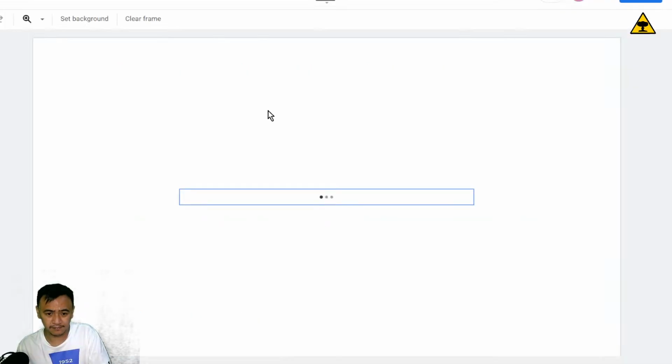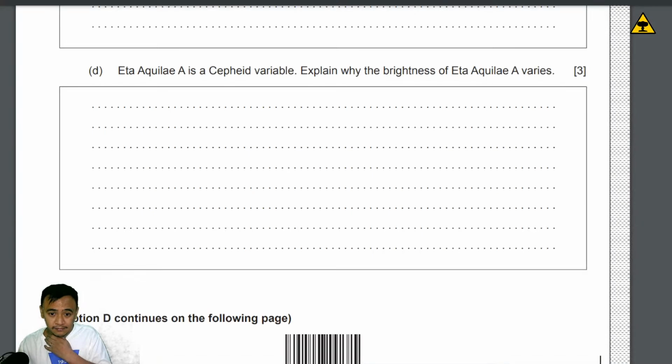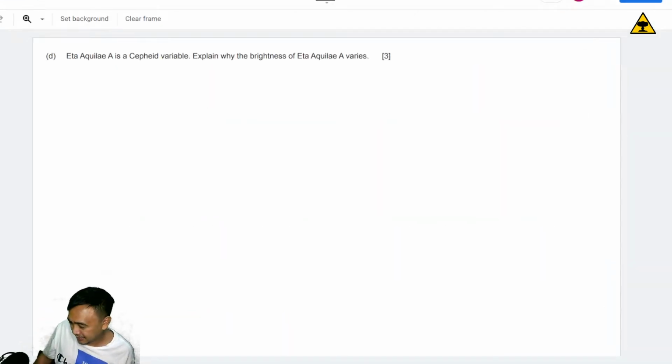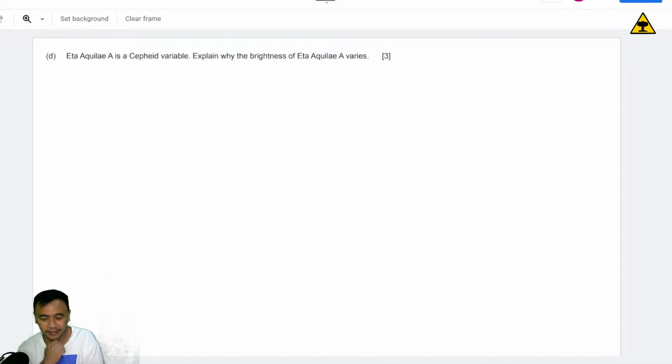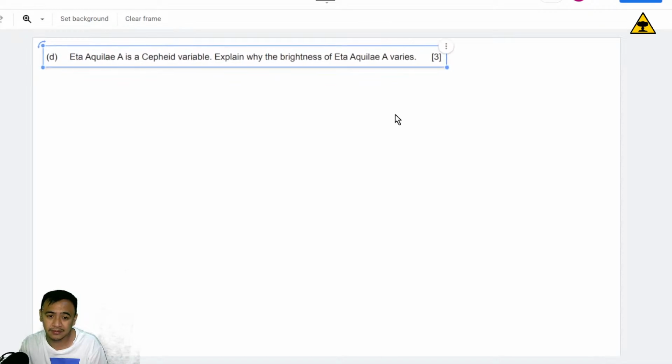A Cepheid variable. We know its period, but that doesn't matter. It's not about the period, though that's going to be important later on. The question is still about the brightness. So, what are the key ideas again? It has a constant brightness variation.